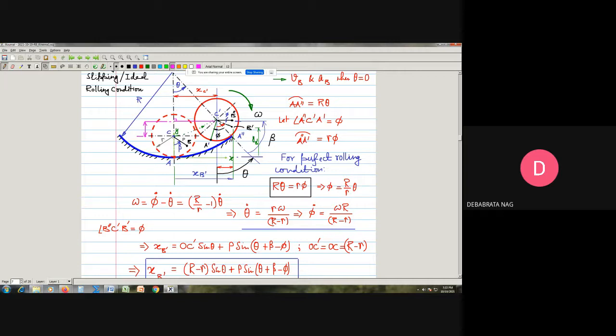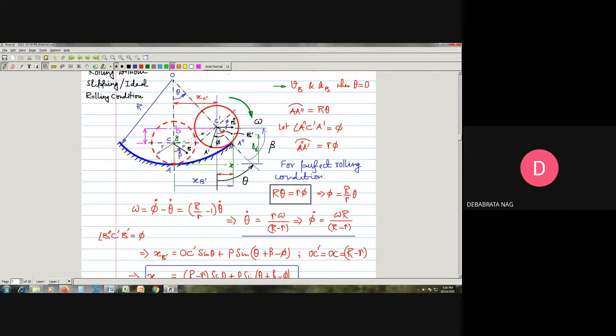So here this total distance was capital R minus small r, because this is OC, correct? And from here to here, if we call this point D, then OD, because O is the center point here, is capital R minus small r cos theta.